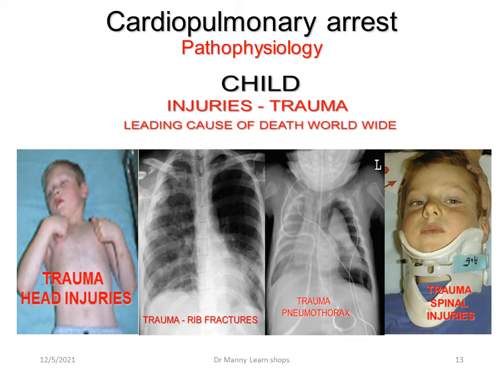Then you've got a child. Children, the biggest risk are trauma injuries, and typically these are motor vehicle accidents, and they're the leading cause of death worldwide. Head injuries, chest injuries, spinal injuries.